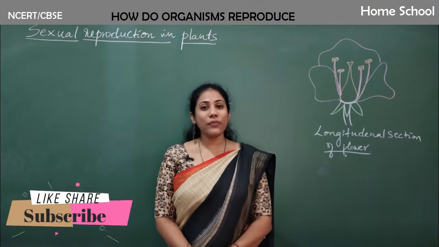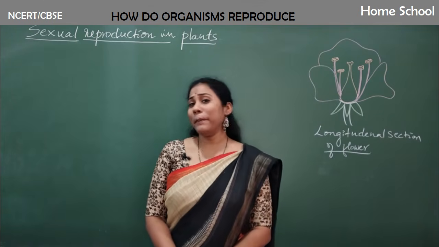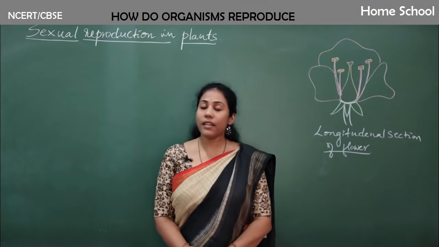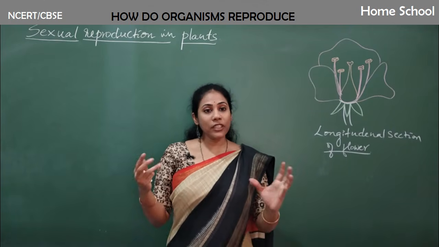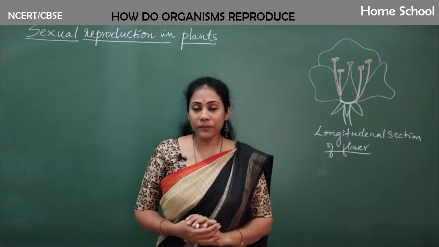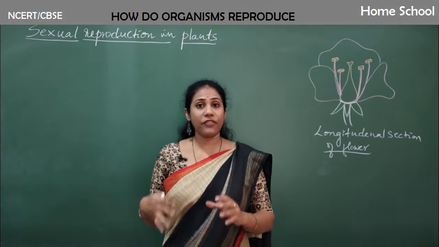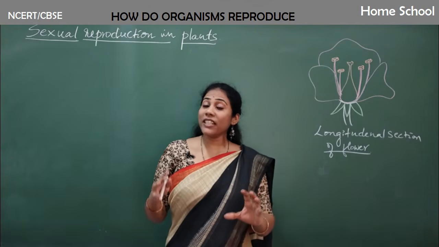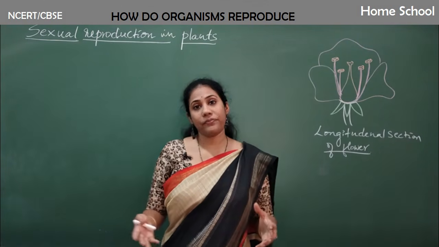So in our previous videos, we have discussed many things about asexual reproduction, isn't it? Fine. Coming to the topic of sexual reproduction, as we all know its definition and various points, sexual reproduction includes two parents, isn't it?